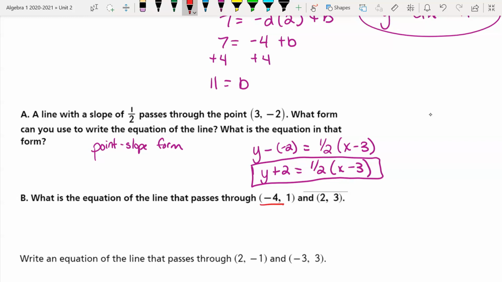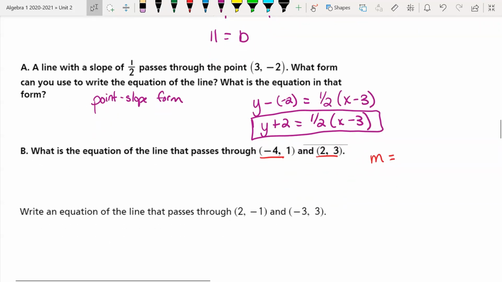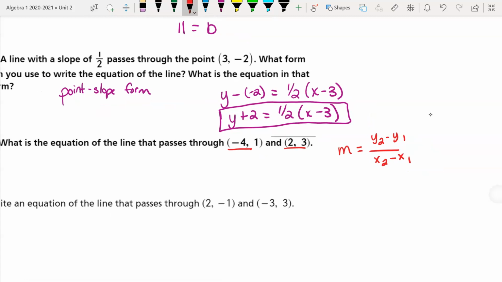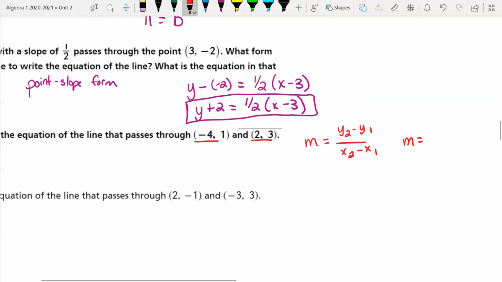Sometimes they're going to give you 2 points. But don't forget, we know how to find the slope if they give us 2 points. I take y2 minus y1 over x2 minus x1. Right? So when I do that, I'm going to get 3 minus 1 over 2 minus a -4.